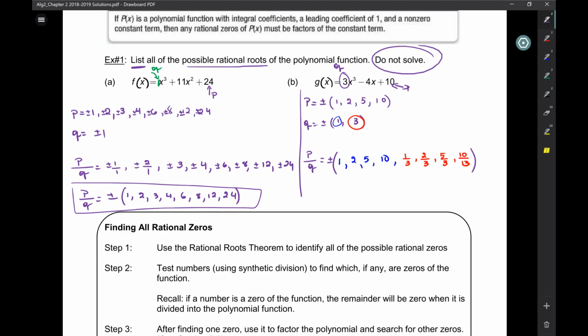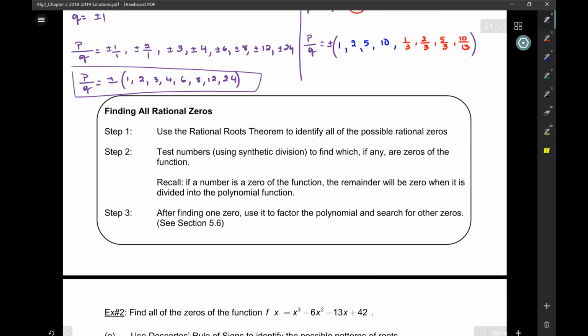You write them. Everything on this list, you have to divide by everything on this list. So 1 over 1, 2 over 1, 5 over 1, 10 over 1. Then you do 1 over 3, 2 over 3, 5 over 3. Okay? All right, rational 0.